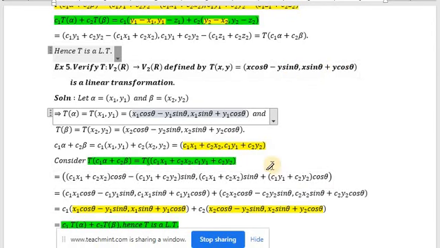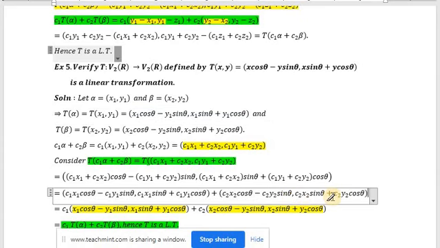And simplifying this, we get C1 x1 cos theta minus C1 y1 sin theta, comma C1 x1 sin theta plus C1 y1 cos theta, plus C2 x2 cos theta minus C2 y2 sin theta, comma C2 x2 sin theta plus C2 y2 cos theta.